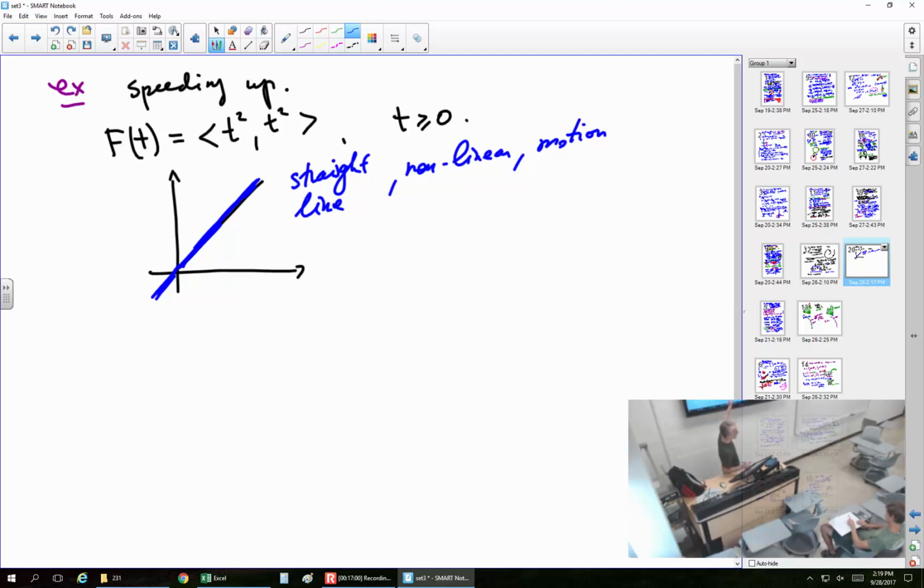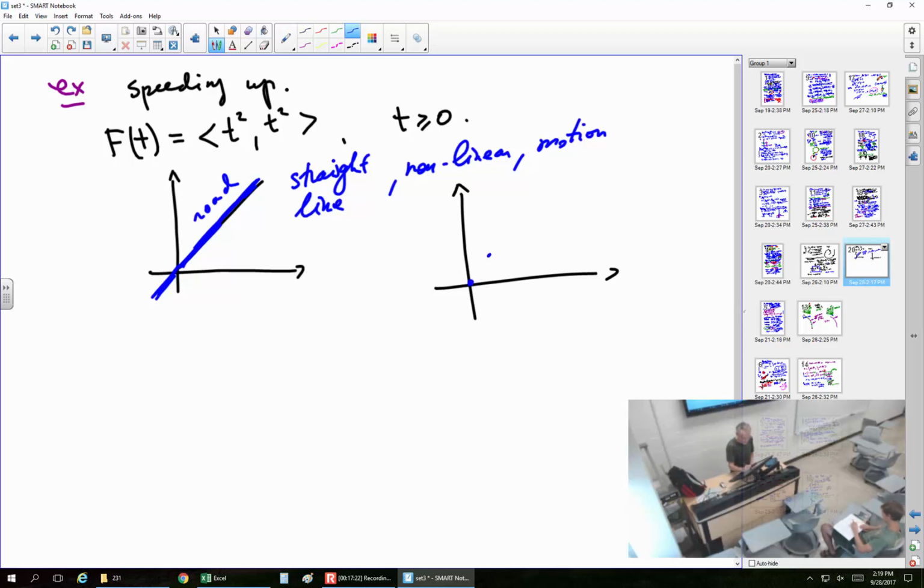Non-uniform accelerated motion. As you can see, I'm going faster and faster and faster. If I try to plot the two component functions, they are both parabolas. So in other words, if I want to plot not just the curve, that's the curve. This is the road. If I'm looking now at my motion, it will look like this.